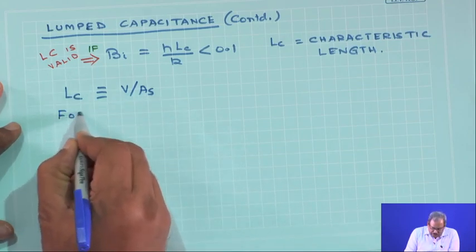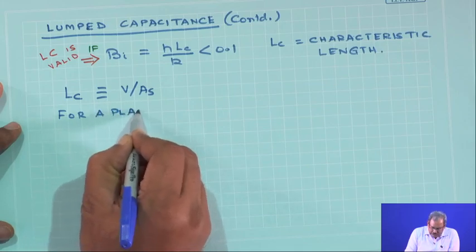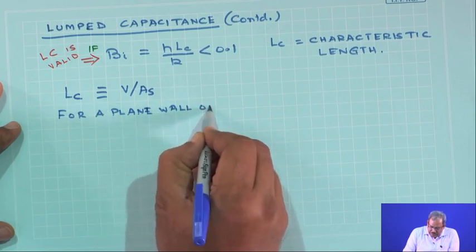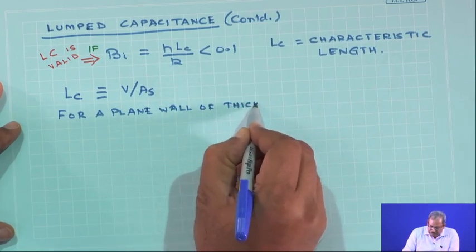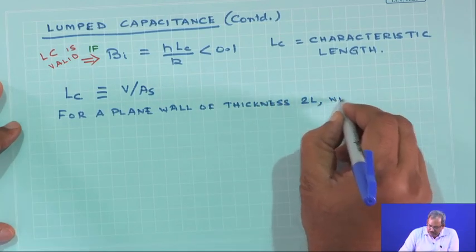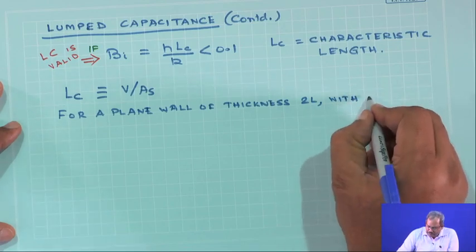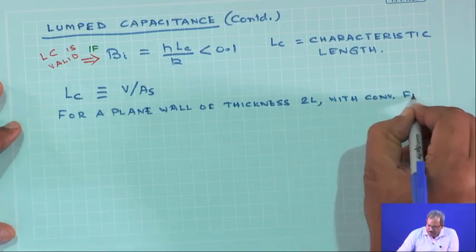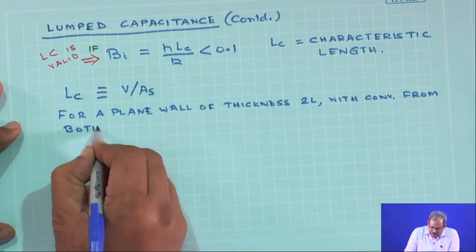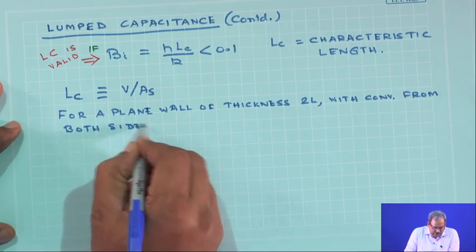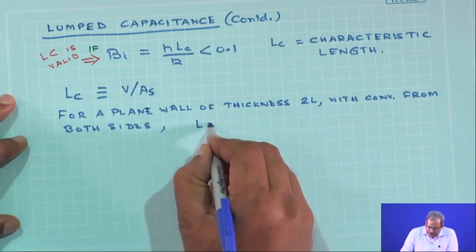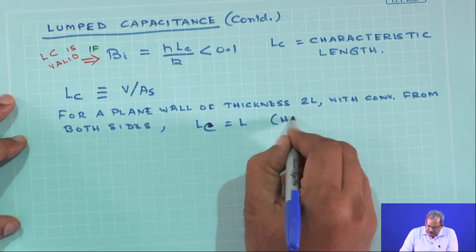So, for a plane wall of thickness 2L with convection from both sides, Lc is equal to L. So, it is half the thickness.